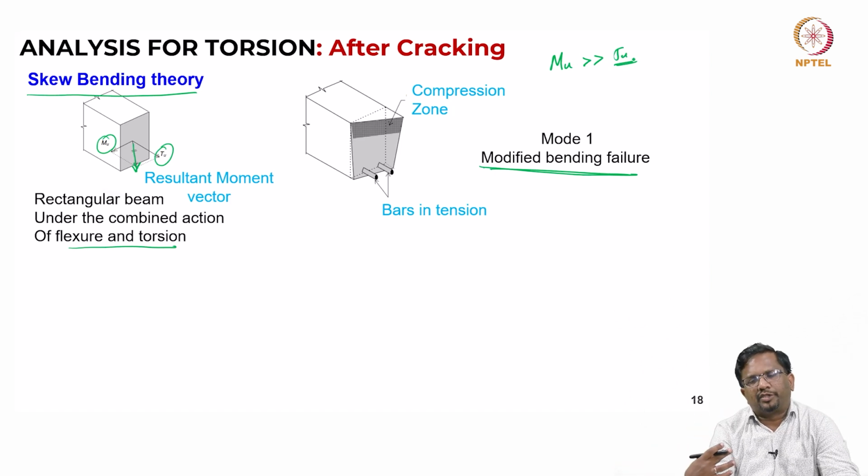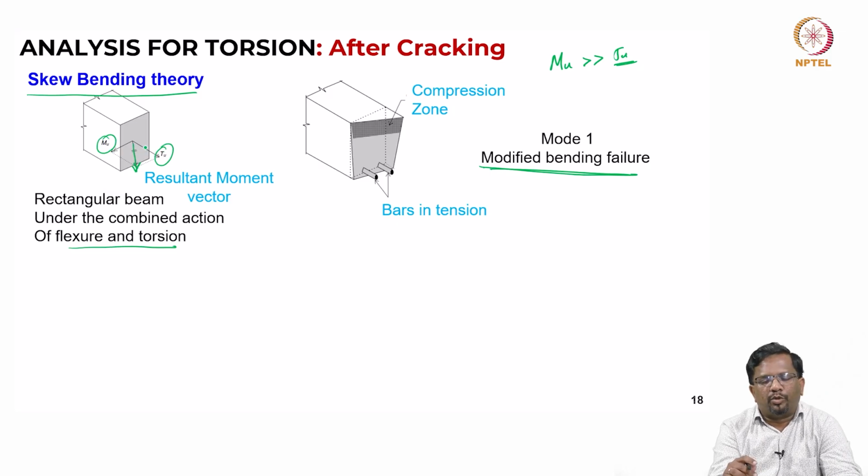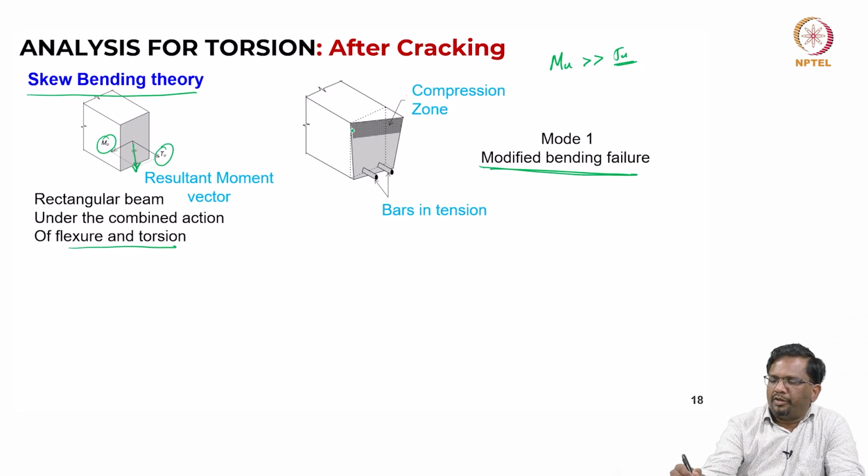So, the behavior is still dominated by bending. That is the reason we call that a modified bending failure. If Mu is very high compared to the torsion, then your bending moment will dominate, and your resultant vector will get close to your moment vector, right. So, your bending action will dominate the behavior.